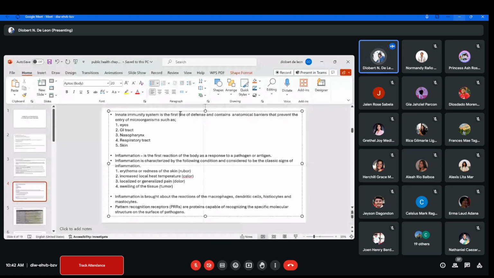We also have your histiocytes, a morphological term referring to tissue-resident macrophages. And the last one is your mastocytes.